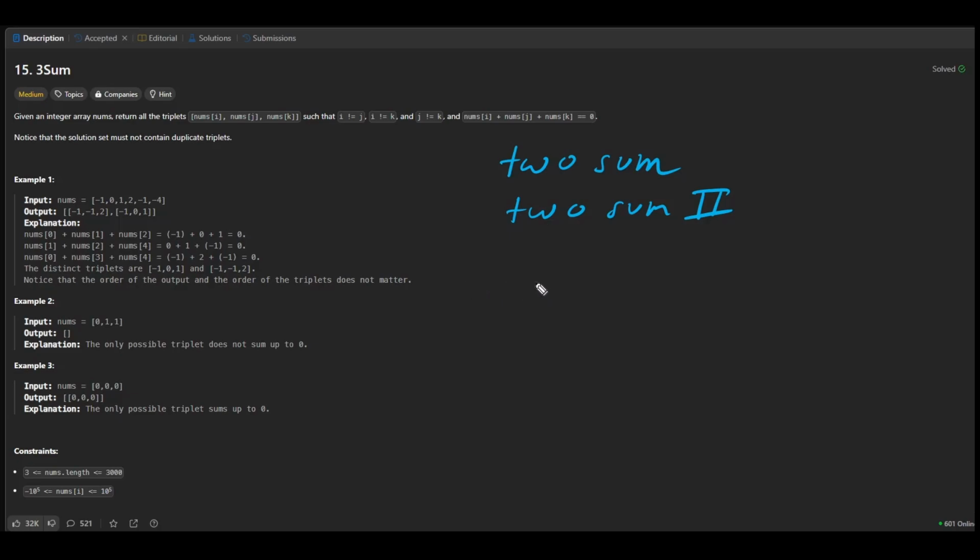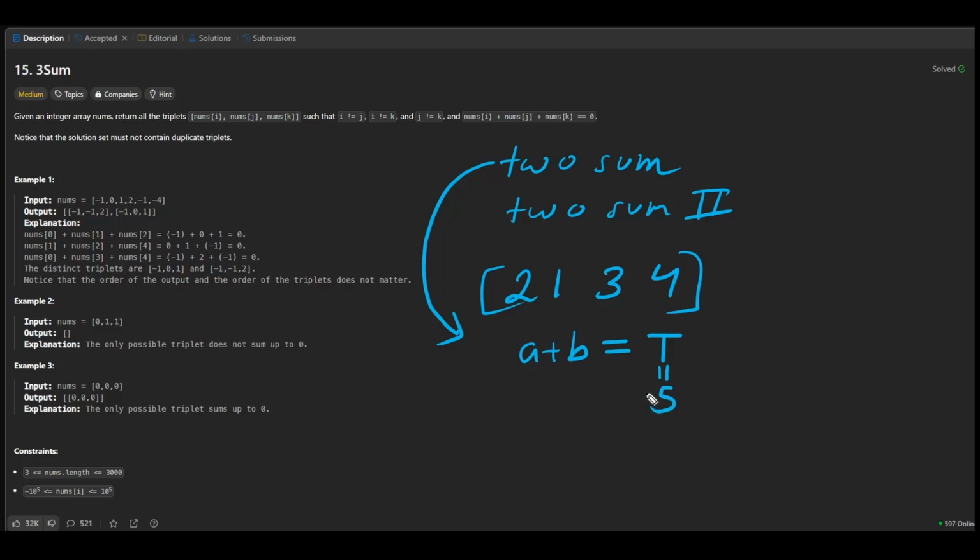So let's say we had a list like 2, 1, 3, 4. In a Two Sum problem, we are asked to find two numbers, a plus b, which add up to a specific target. So for example, let's take a target of 5.